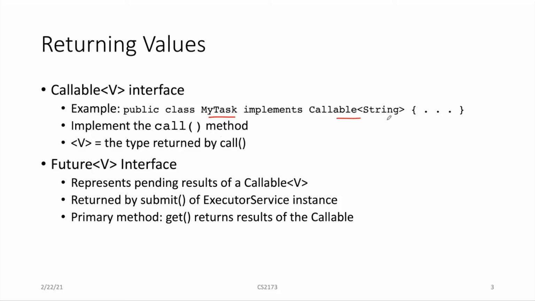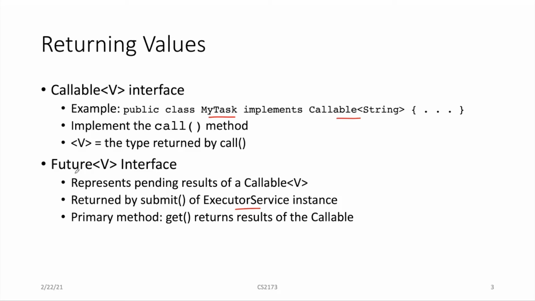Now, when we use this, it turns out that we don't actually directly use that return. There's something called a future interface, and what it does is it represents the pending results of a callable. When we submit one of these callables to an executor service, it returns one of these things called a future.